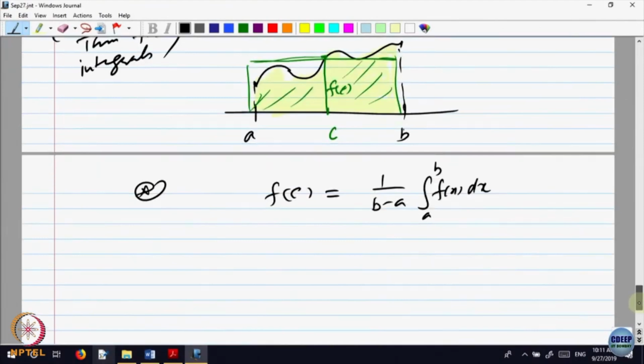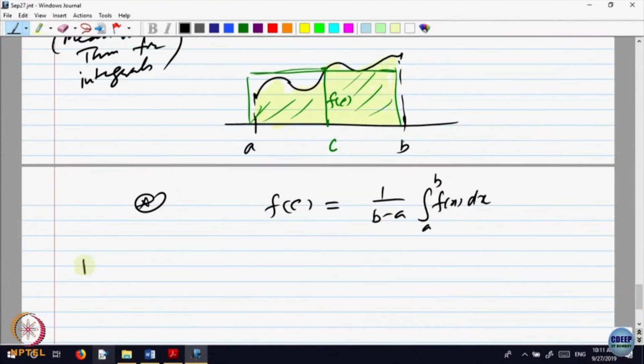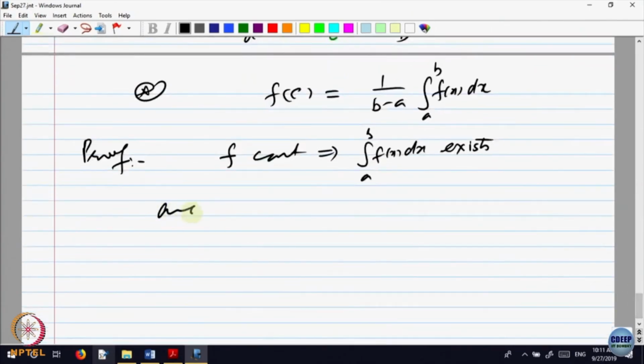Okay, and the proof is quite straightforward. f continuous implies the integral a to b f(x) dx exists, and if I look at this number, the average value, this is less than or equal to capital M times B minus A, right?